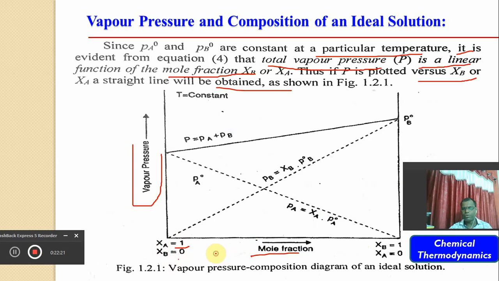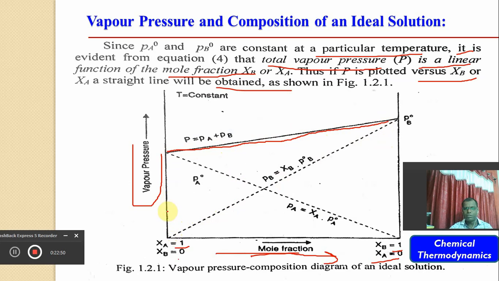As we go towards this side, the mole fraction of B increases and becomes 1, while the mole fraction of A decreases and becomes 0. This thick line indicates the total vapor pressure of the system containing the two liquids A and B, which are completely miscible. This dotted line indicates the partial vapor pressure of the two liquids, A and B.